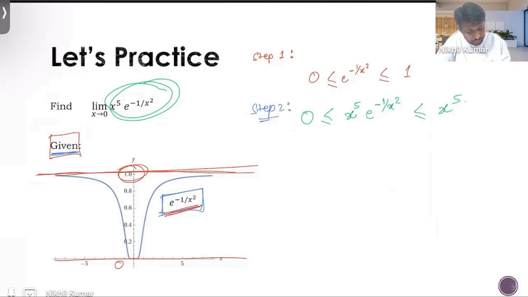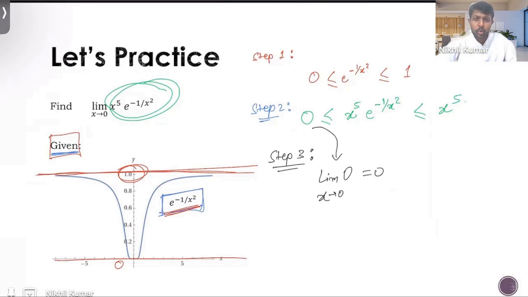Step 3 was to figure out the limits of the bounding functions. So limit of 0 as x tends to 0, well, no brainer, it's 0. Limit of x to the power 5 as x tends to 0, 0 to the power 5, 0 again. What do we see?